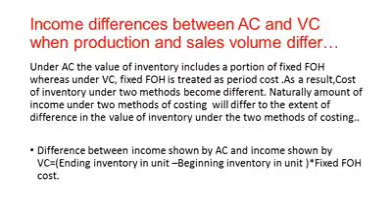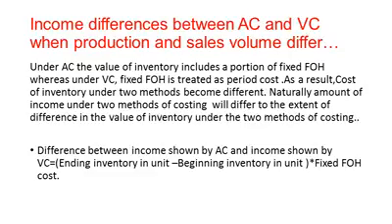Next and final question is income differences between absorption costing and variable costing method when production and sales volume differ. Under absorption costing, the value of inventory includes a portion of fixed factory overhead, whereas under variable costing, fixed factory overhead is treated as period cost. As a result, cost of inventory under the two methods becomes different.